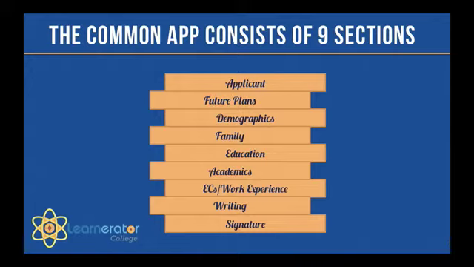So some of these sections are not necessarily as clear as they once were in terms of the specific breakdown, but all of the core information remains the same. To walk you through it, you first open with the applicant information, then you talk more about your future plans, the demographics of your background, family, education, your academic records, the activities that you're involved with, a writing sample, and then finally you sign off on your Common Application.